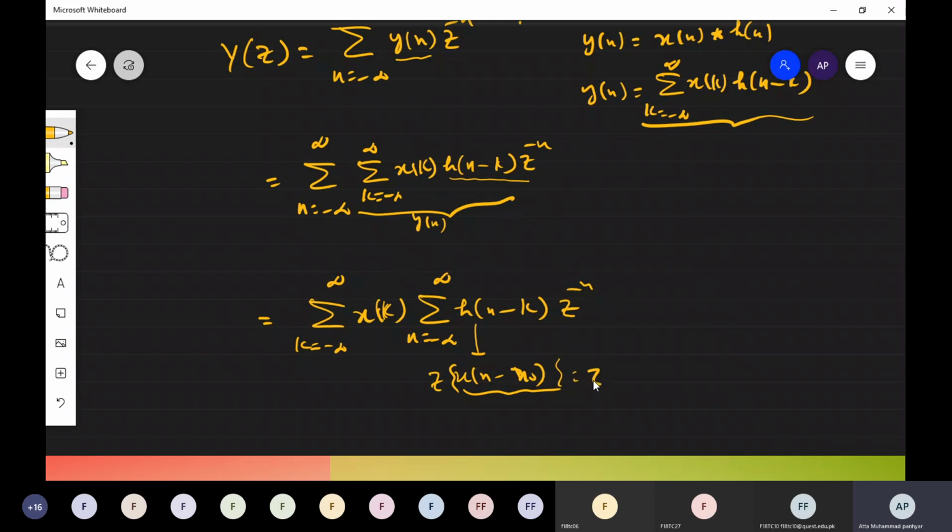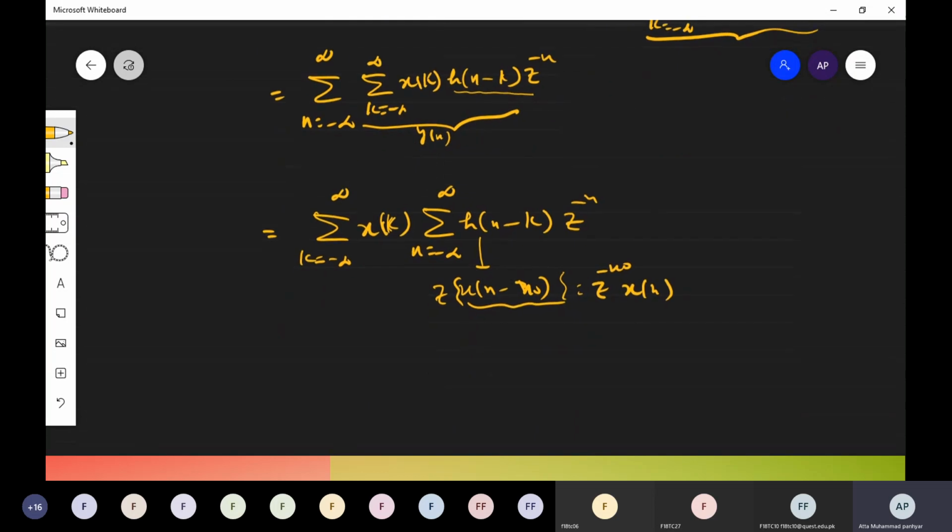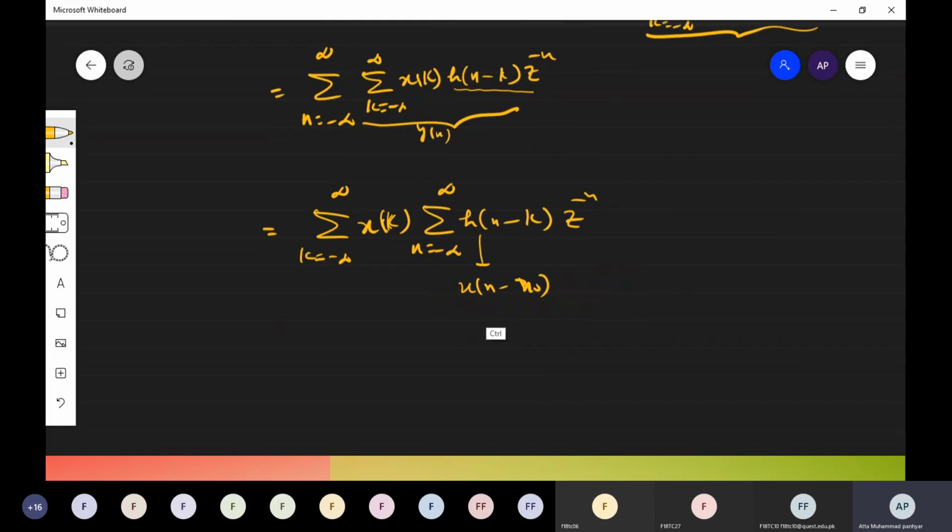That is equal to z power minus n naught X of z, right? So can we conclude that this whole term must be equal to H of z times z power minus k, right?